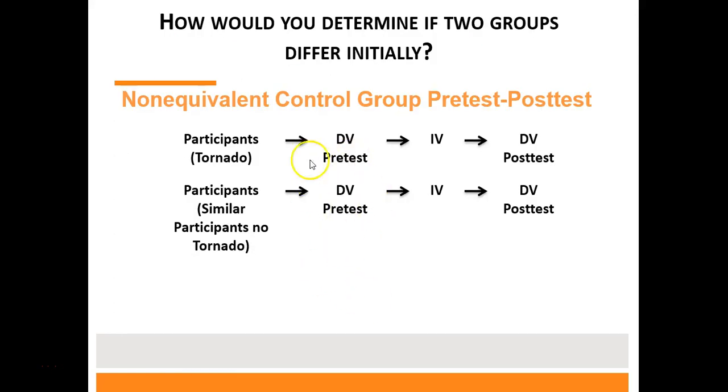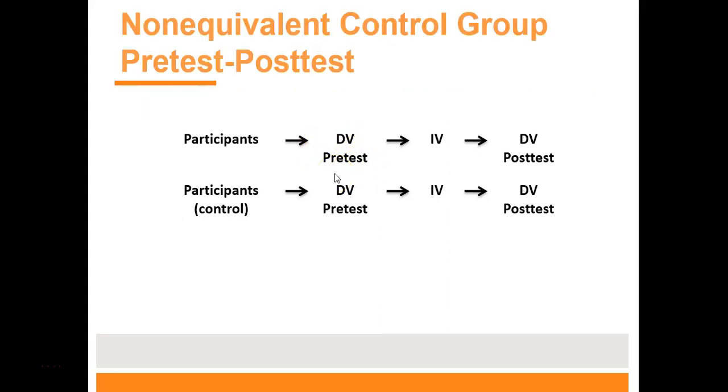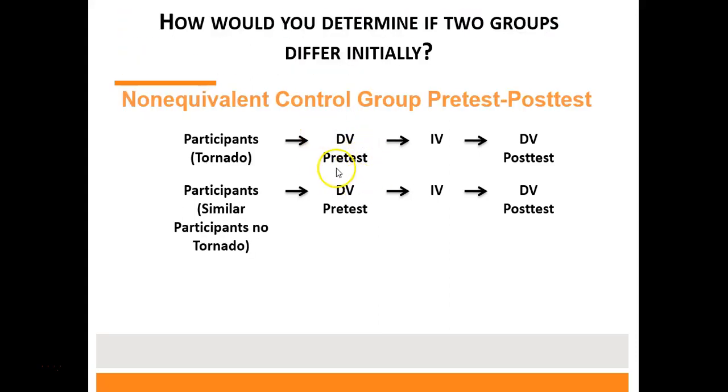You're also able to do a pretest to assure that your groups are similar before some kind of a treatment. A pretest is not always possible, though, right? Is it possible to do a pretest before a tornado?